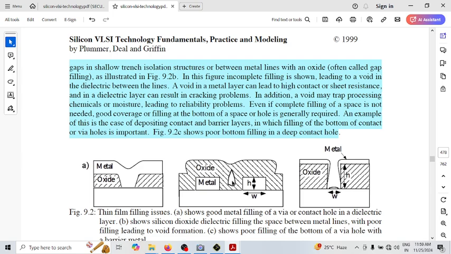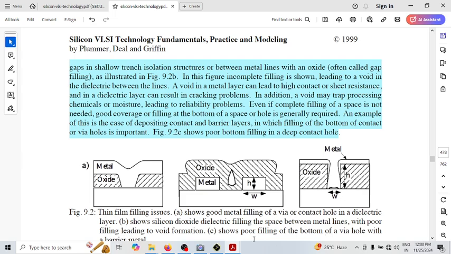So there is some empty space left out, an air bubble. You're filling the region in between the metal using this oxide, and during that filling this is a poor filling coverage because you are creating a void here.